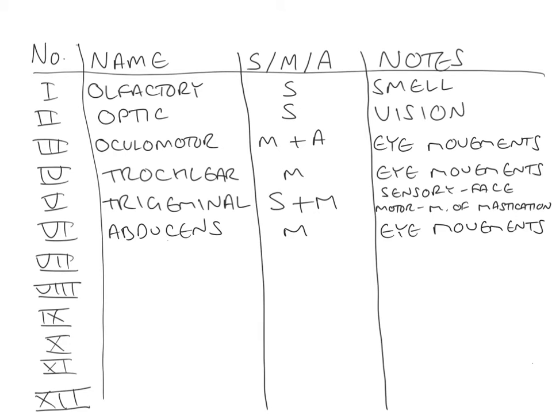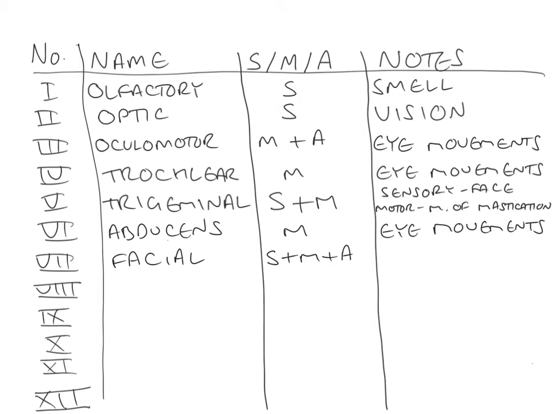Now the seventh cranial nerve is probably the most complex of all 12 of the cranial nerves, and this is known as the facial nerve. Now, don't be fooled by the simple name. The facial nerve has all three components, so it is sensory, motor, as well as an autonomic nerve, and it is distributed quite widely throughout the head.